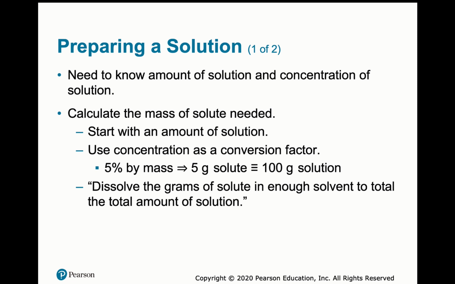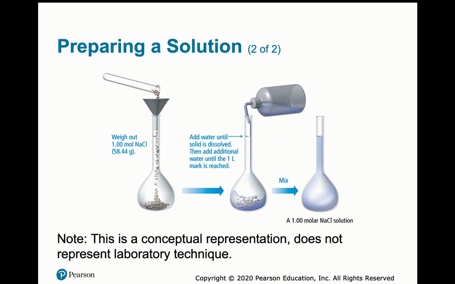Then you would need 95 milliliters. But for a different solvent, you have to be careful of the density. And then you dissolve it to have the total amount of solution. So for instance, making 1 molar sodium chloride, you add a mole of sodium chloride, and then you add liquid till you get to a liter, and it dissolves.